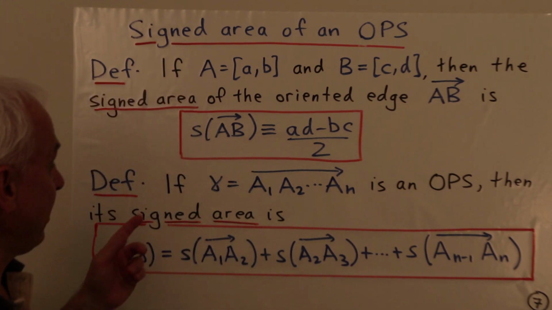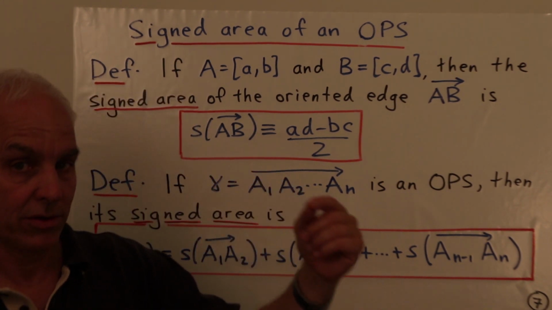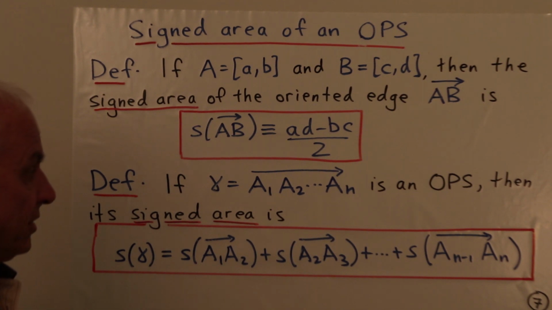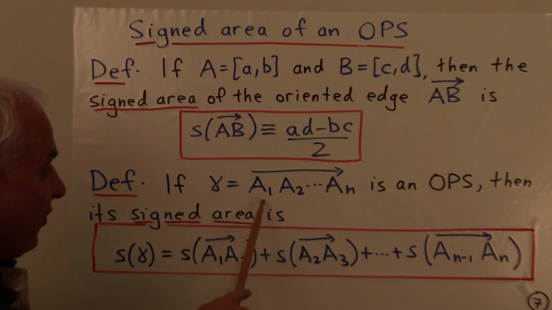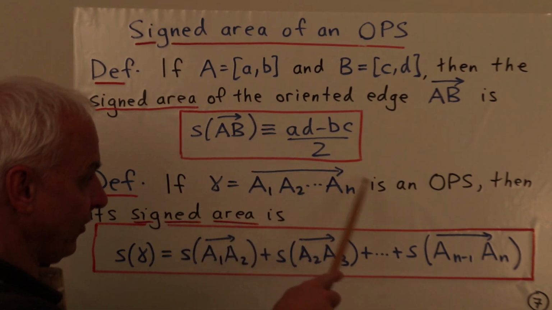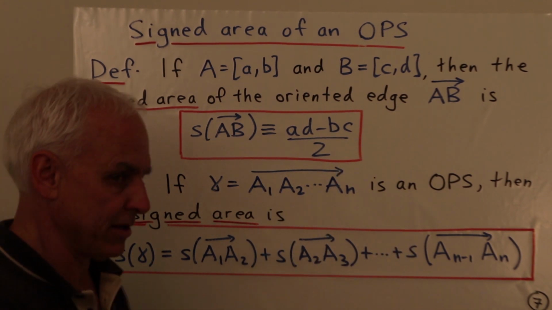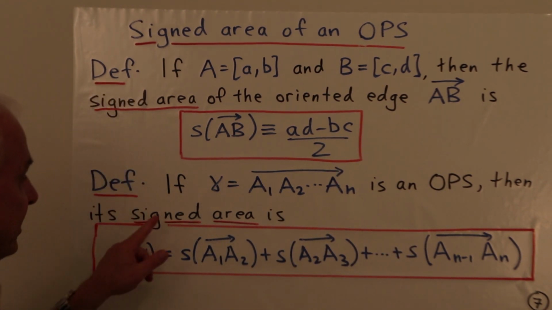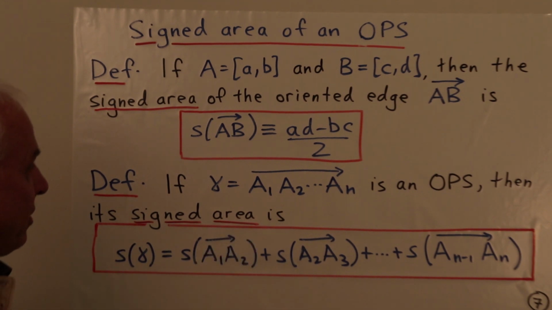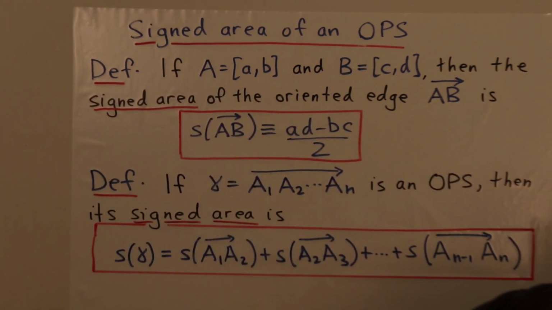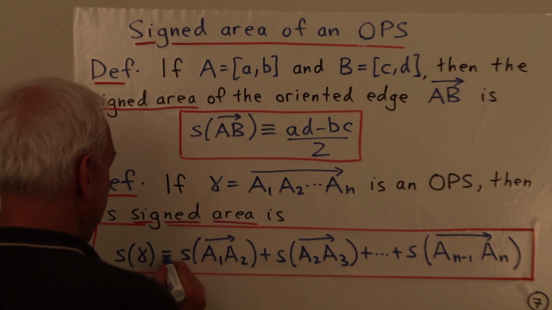And now we define the signed area of a general OPS, oriented polygonal spline. So if gamma equals A1, A2 up to AN is an OPS, there's a spline arrow, then its signed area is, by definition, maybe we should put a definition sign here. Let's do that.